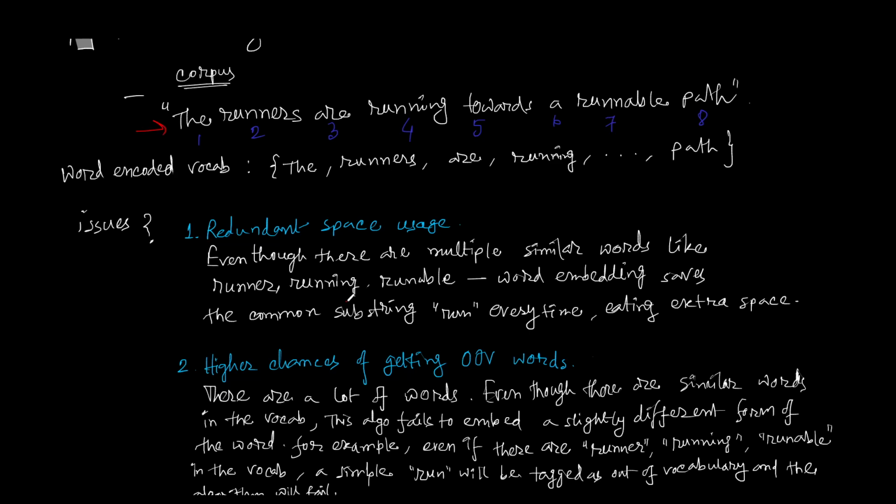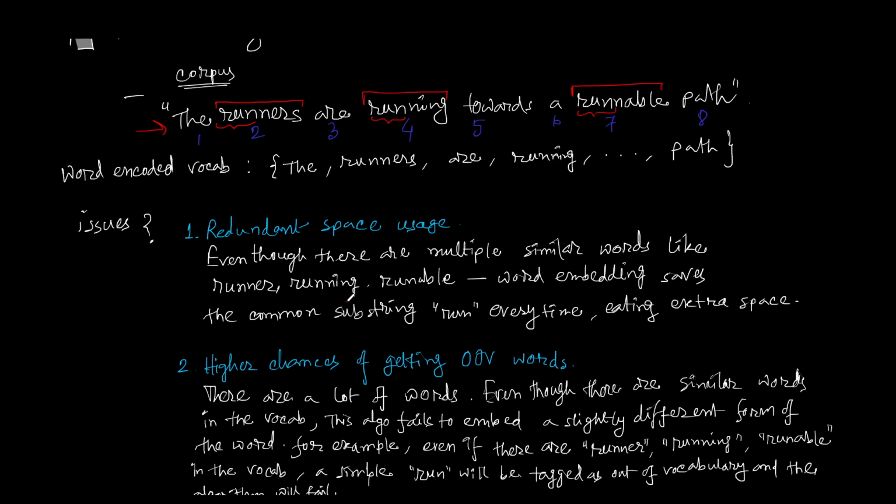It is quite unusual, I know, but it will help us understand how word encoding can cause a lot of issues. Immediately we can see by looking at the sentence that there are some similar words like runners, running, and runnable, right? When these kinds of similar words are there, we can see that there is a common subword, run, repeating in every word.